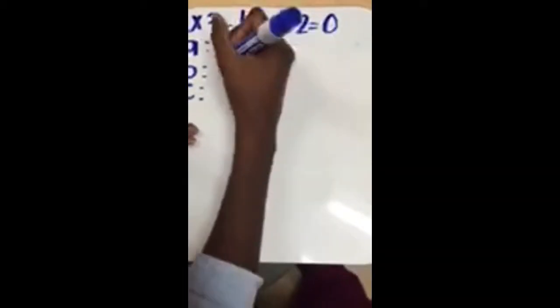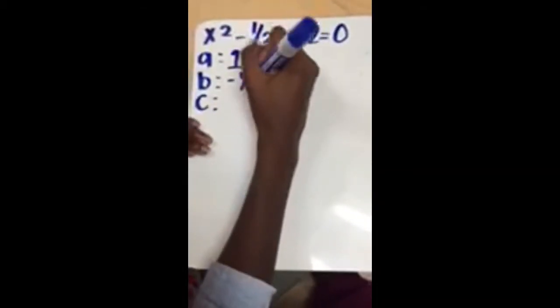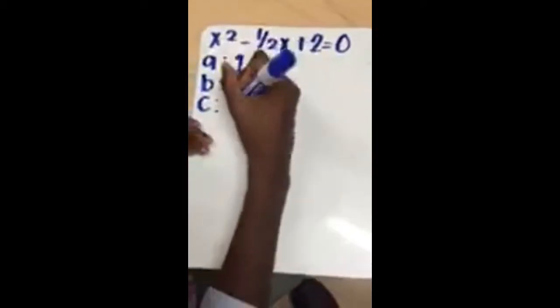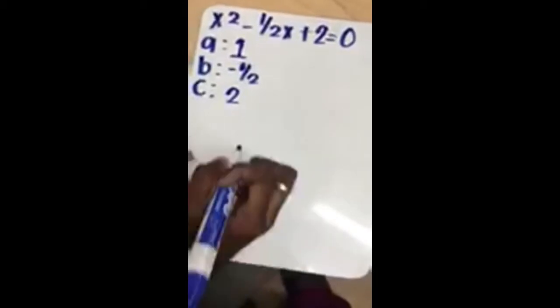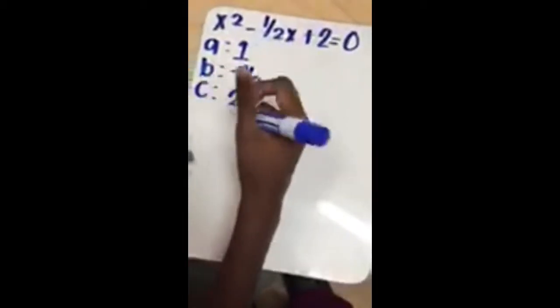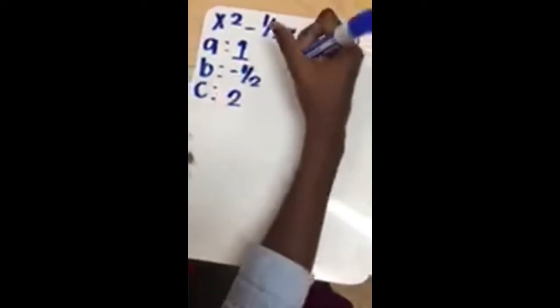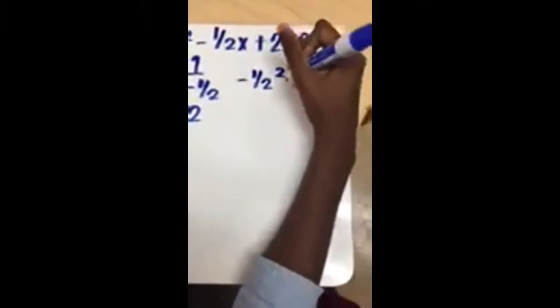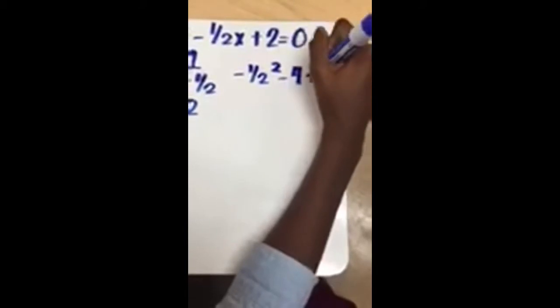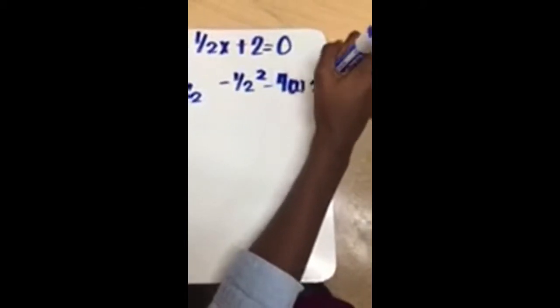A, x squared, is 1, b is negative 1/2, and c is 2. B squared minus 4 times a times c. B squared, that's going to be negative 1/2 squared minus 4 times 1 times 2.